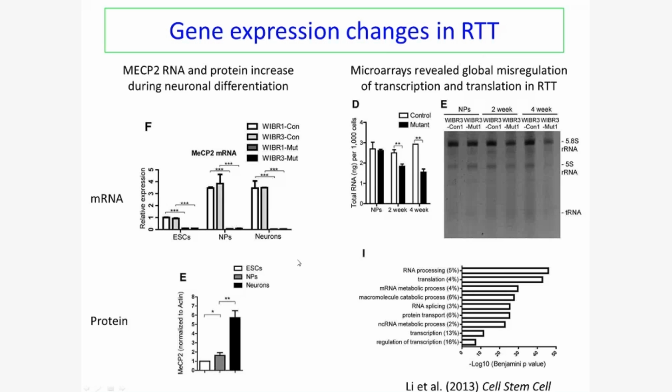But from a global perspective, this work provided some really interesting insights into the molecular basis of the neuronal dysfunction observed in Rett syndrome. One critical aspect of this work was the observation that, especially with 4-week-old neurons, the amount of RNA present in each individual neuron drops quite substantially between mutant and control cells.